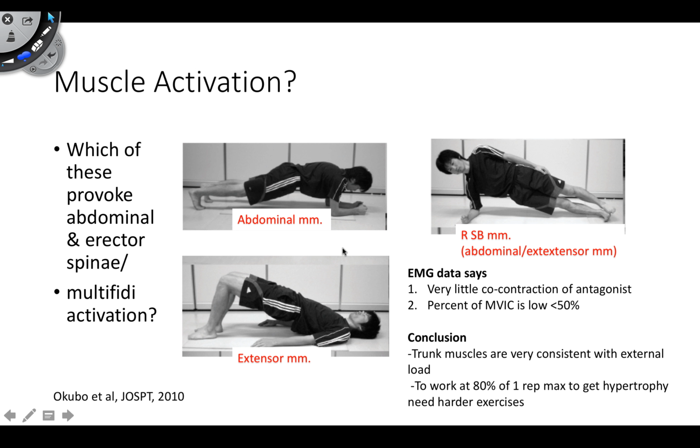The important thing about these planks, which are really popular and commonly given, is what muscles they activate, and secondly that they only achieve very low levels of co-contraction during the side plank. There's really only synergist activity, so no co-contraction during the abdominal forward plank or the extensor backward plank, and that's backed up by this study in the JOSPT in 2010.